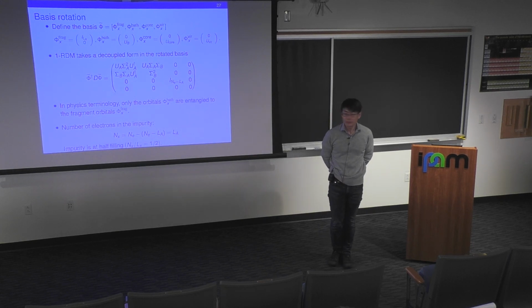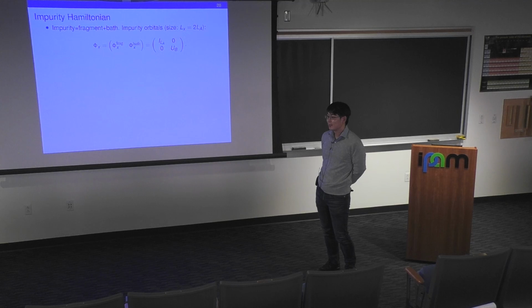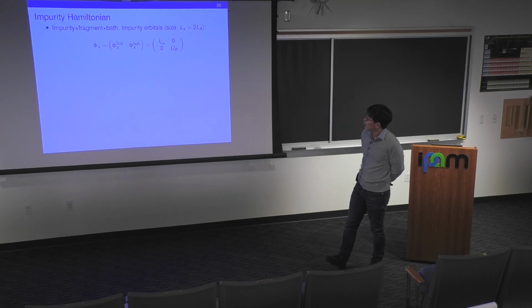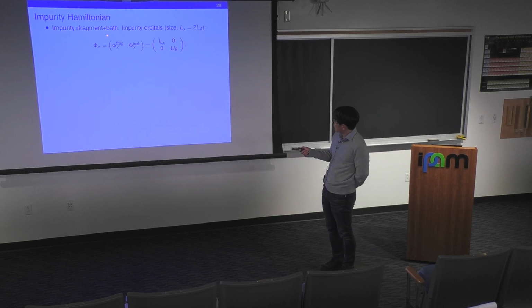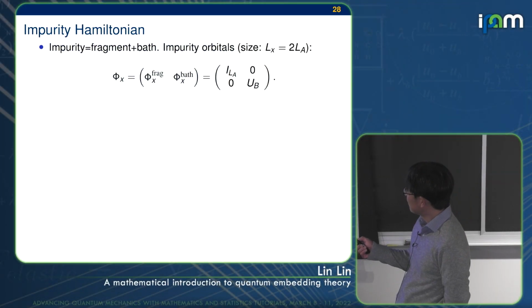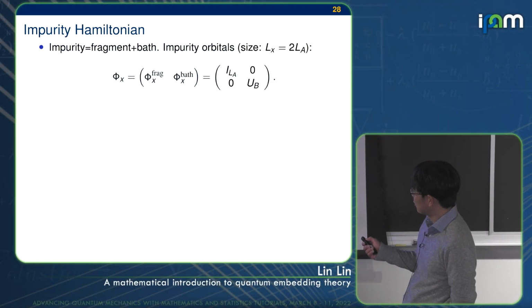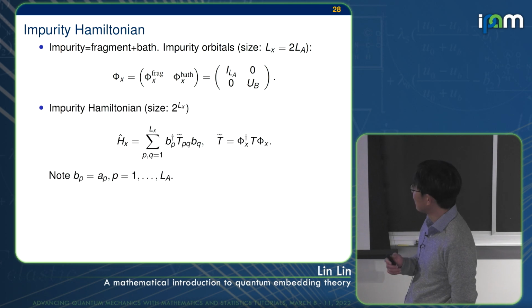Okay, the answer is actually the next slide. So, what is the impurity Hamiltonian? The impurity is fragment plus bath, and the impurity orbitals are this thing. You have things in the computational basis; these are the UB that you found.